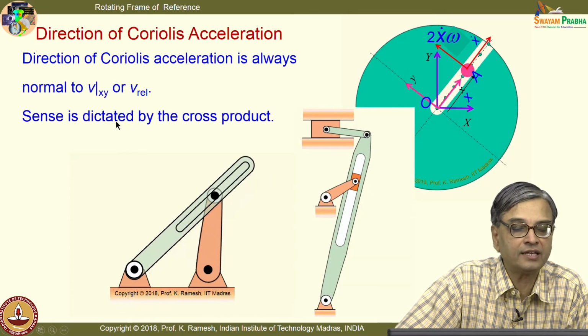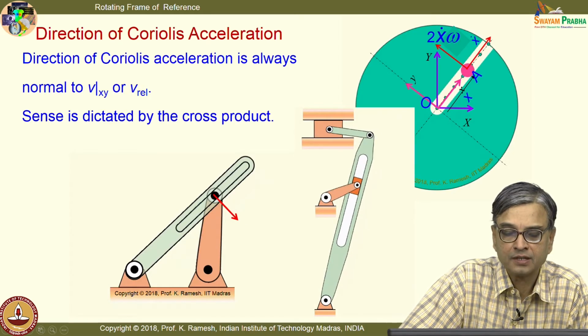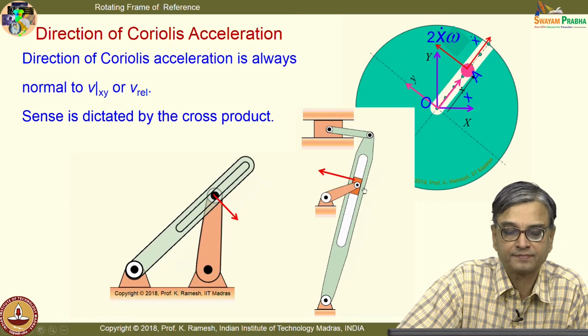So, when you look at the cross product, the Coriolis acceleration is perpendicular to the slot. Okay. And in the quick return mechanism, we have also looked at this, and this is perpendicular to the slot like this.